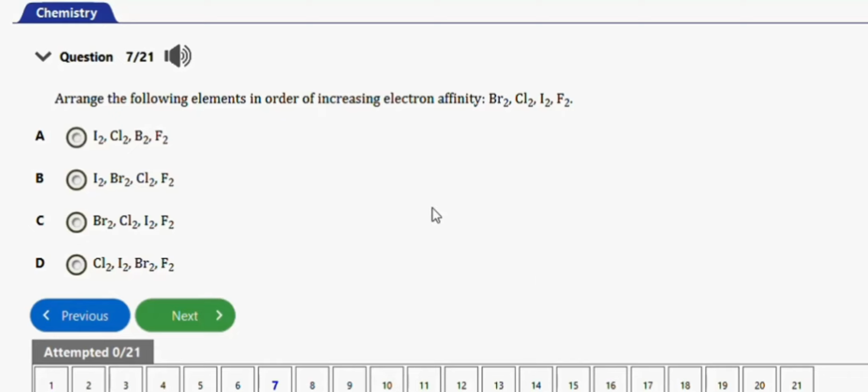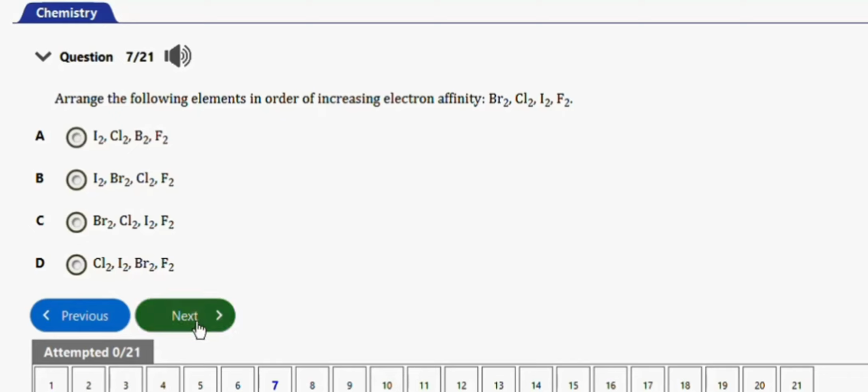So the correct arrangement according to increasing electron affinity will be iodine first, followed by bromine, followed by chlorine, and then fluorine. Option B. So that's it for this question.